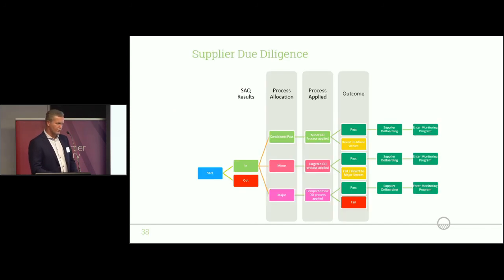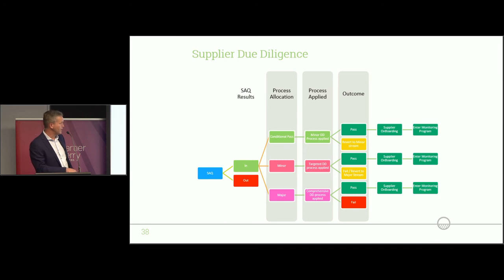Just to quickly show a little bit about how I think you need a decision tree that can feed through based on a set of questions. You would start with your SAQ, which would result in an in-out decision.